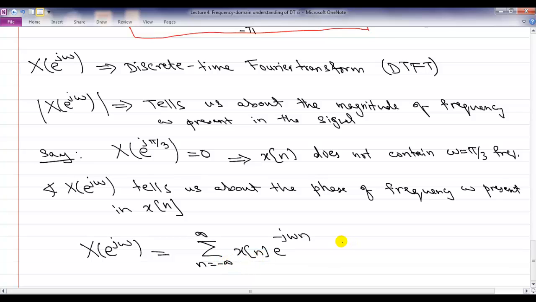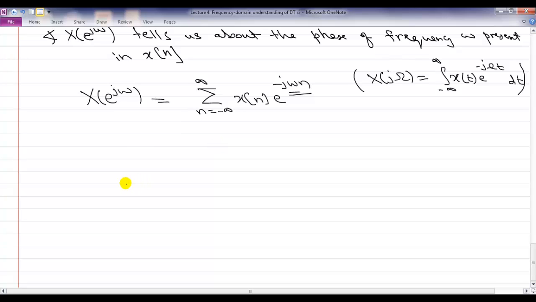Otherwise, you can relate it to the continuous time Fourier transform. If you remember, x of j omega is the integral from minus infinity to infinity of x of t e to the minus j omega t dt. Right? So if you compare, they are exactly the same. Instead of integration, you have the summation. Instead of continuous time sinusoid, you have discrete sinusoid e to the minus j omega n.